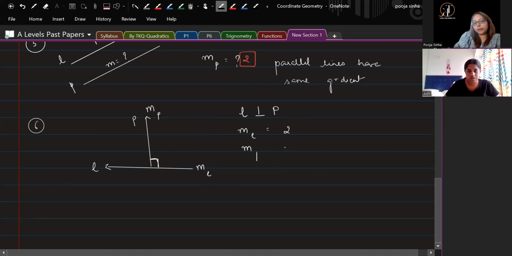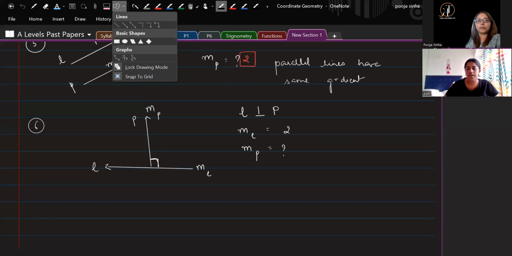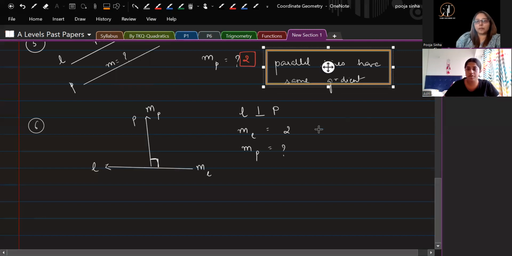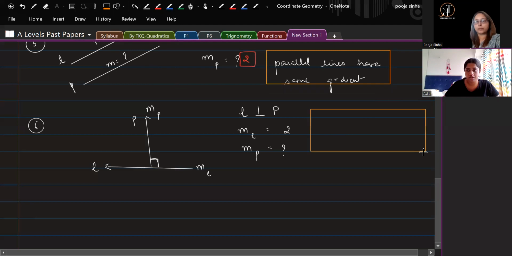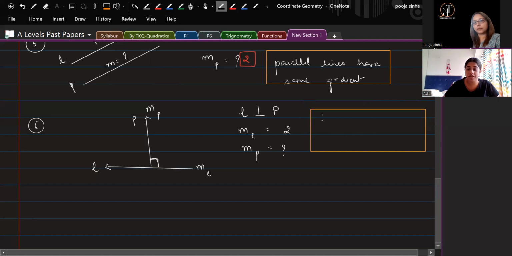How much is m of P? Since P is perpendicular to the line L, the product of mP and mL is equal to minus 1. Substituting the value, mP would be the negative reciprocal of 2, which is minus 1 upon 2. Okay.